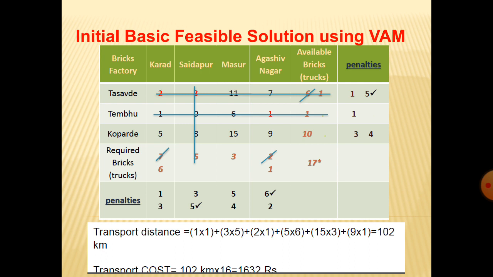Minimum cost is 1. In the minimum cost 1, you have to allocate 1.